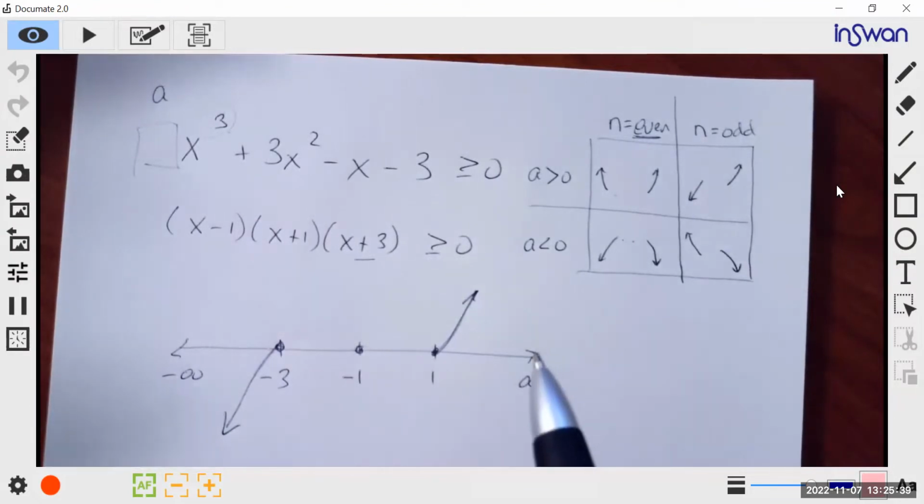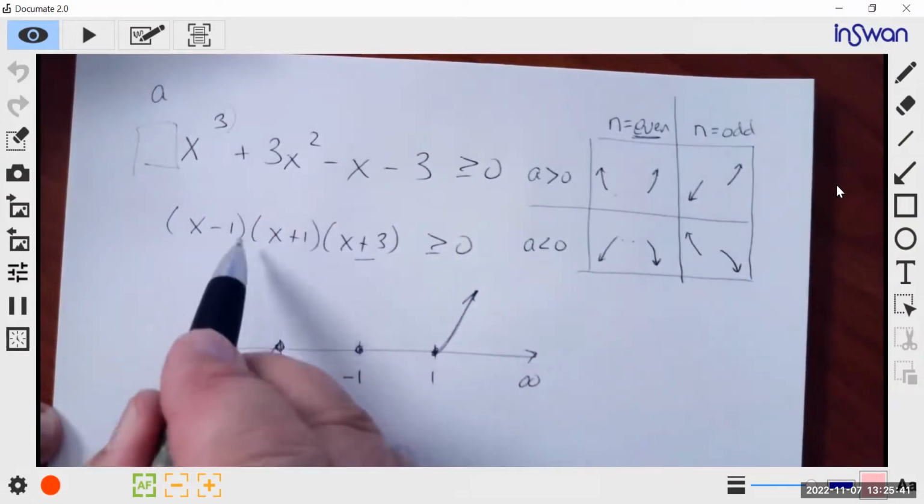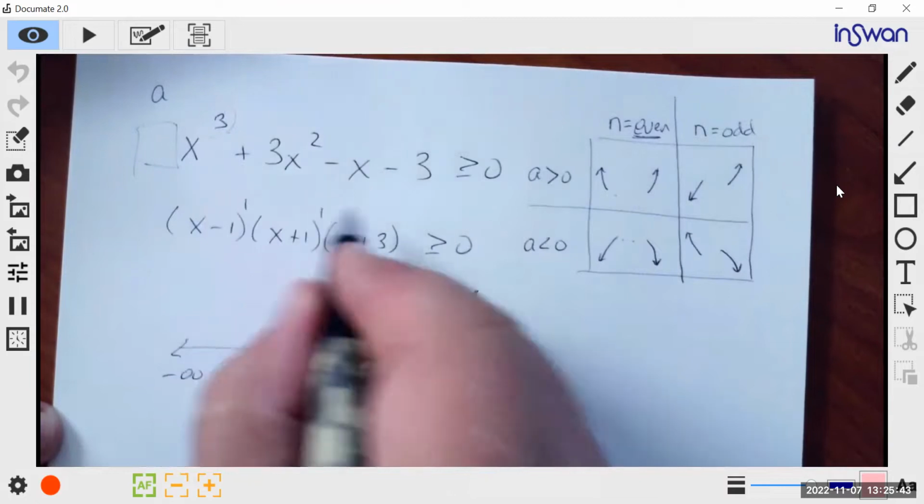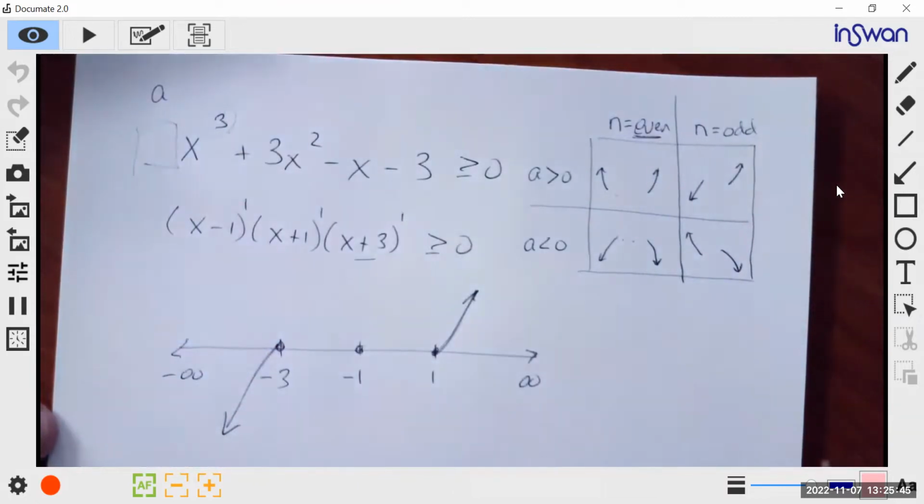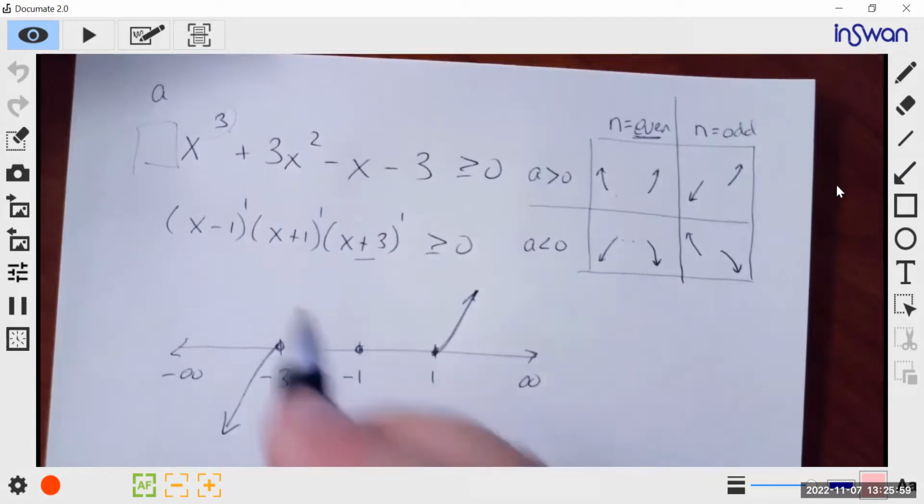What else do we know? Well, we know that the multiplicity of each of these factors is odd. Which means what? If the multiplicity is odd, what happens to the graph at that point? It crosses.